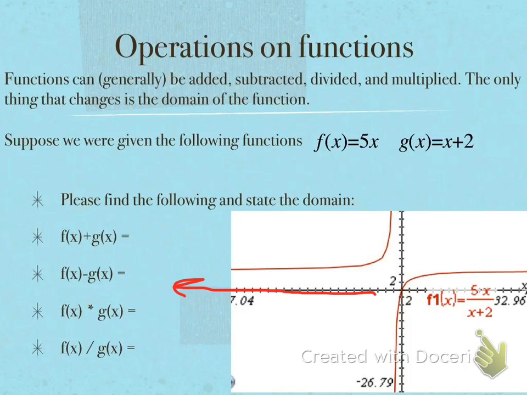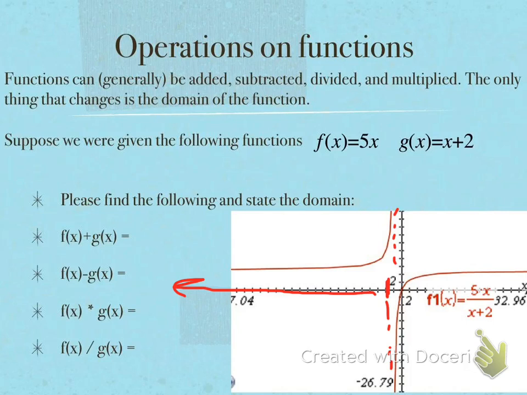There's a vertical asymptote. We'll learn more about these later. But the graph breaks right here at negative 2. It never crosses that dotted line. Once I get past that dotted line, however, I can follow the graph for every x value forever.